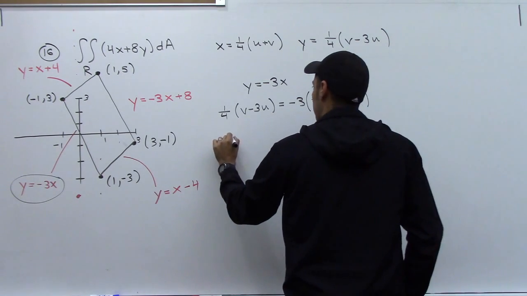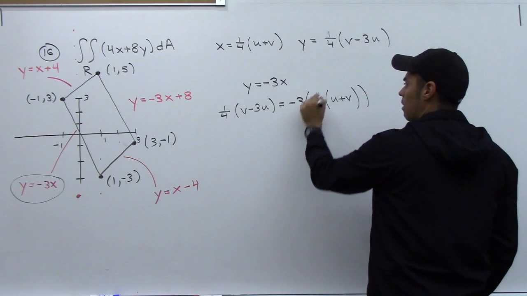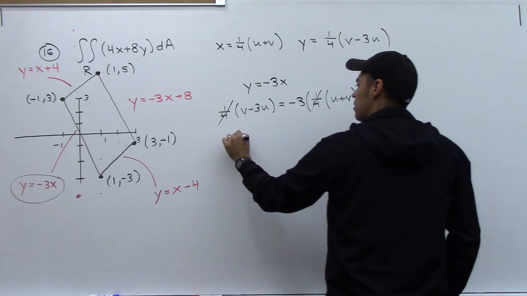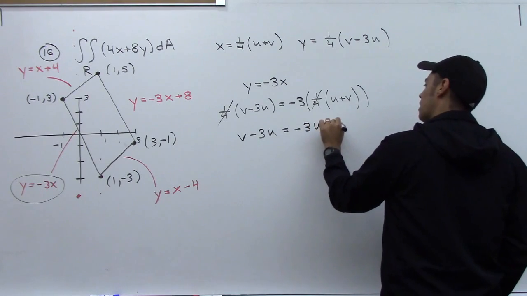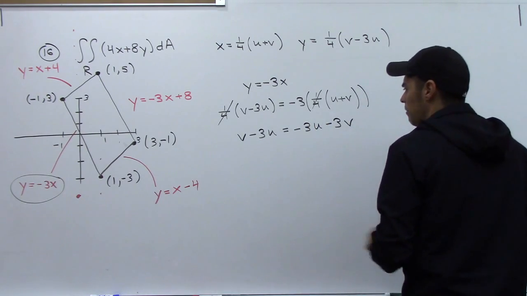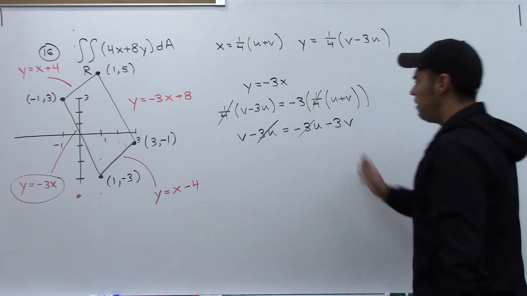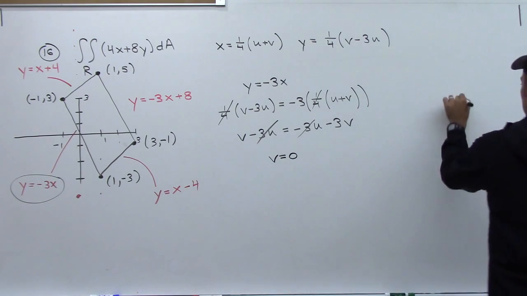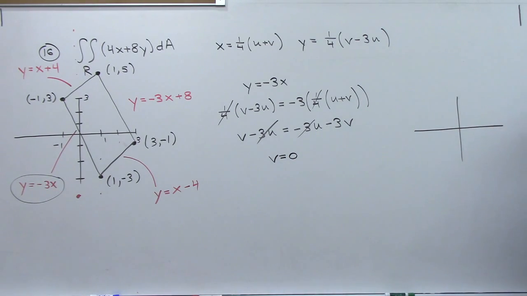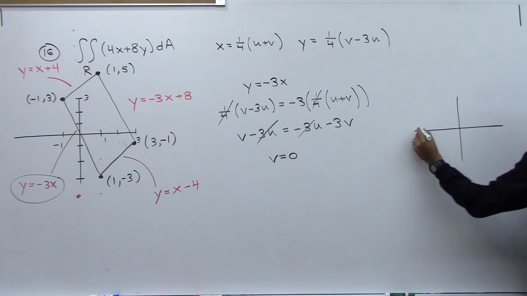So we get, I'm going to multiply both sides by 4, and that'll get rid of those. So I get v minus 3u equals negative 3u minus 3v. My 3u's cancel, and then if I move things around, I'm going to get v is 0. So I know in my uv plane, one of the lines I have is v is 0, which is this.